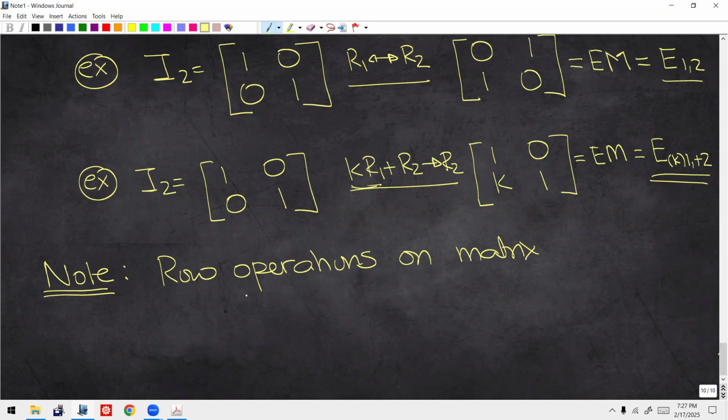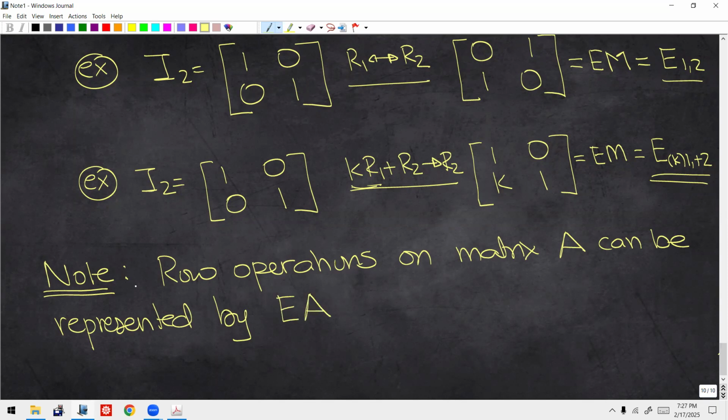Row operations on matrix A can be represented by EA.